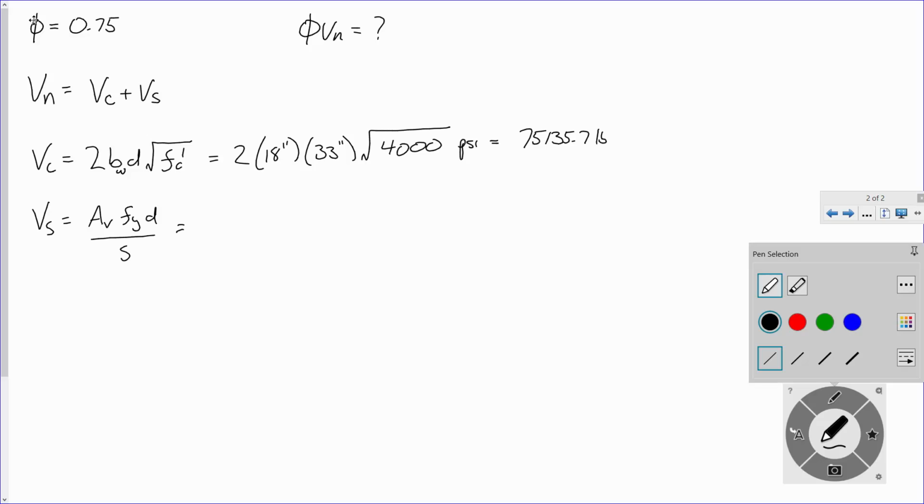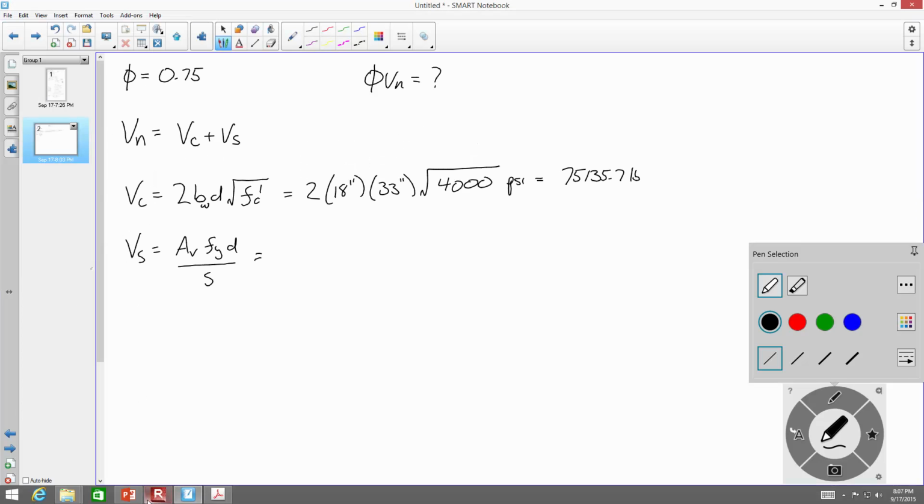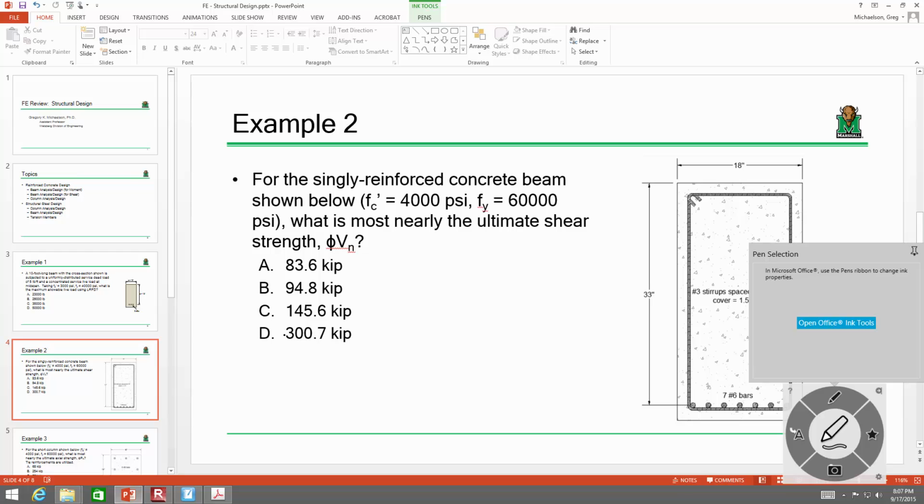So what's Av? 0.22, because here's our beam. We are assuming that a crack crosses those stirrups. Therefore, we don't cross one number 3, we cross 2.